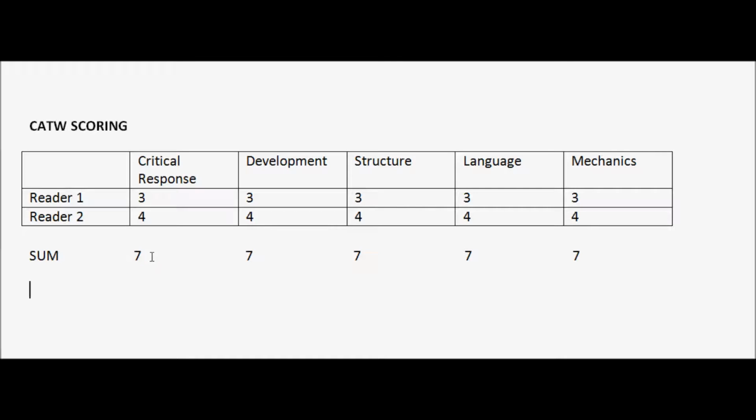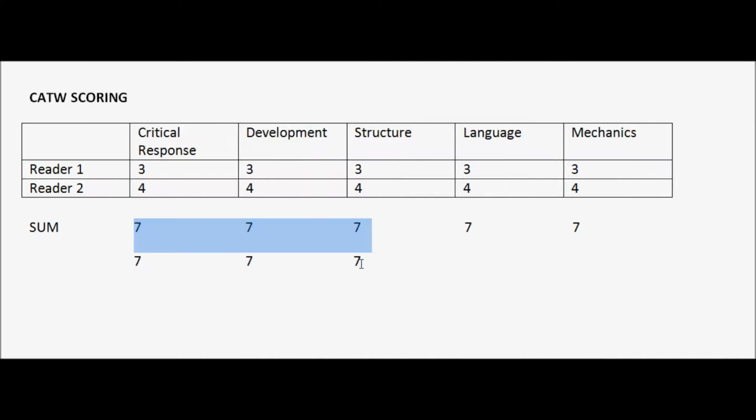multiplying by 2 the first 3 categories. These are more important categories. That's why these scores are weighed double. So double these scores. You could do times 2, but I just like to add the same number. I think that's simpler.